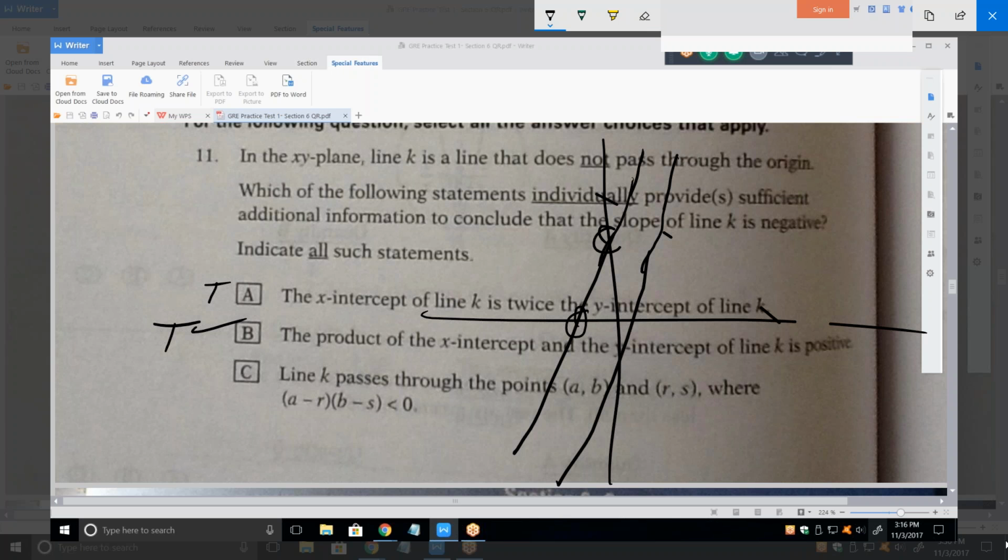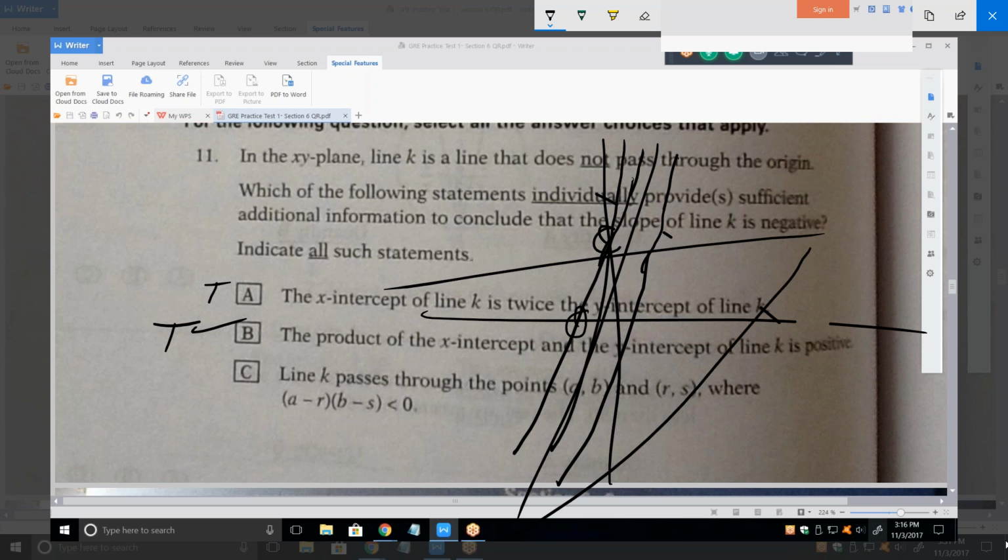No matter how hard I try, I can draw my line like that, like that, like that. Every positive slope I can think of that doesn't go through the origin, the product of the x-intercept and the y-intercept is negative. What does it mean by does not pass through the origin?